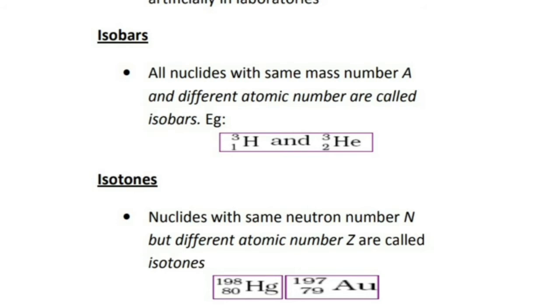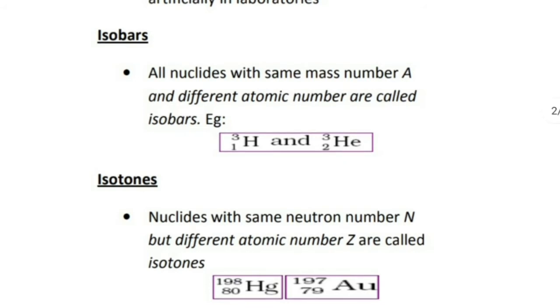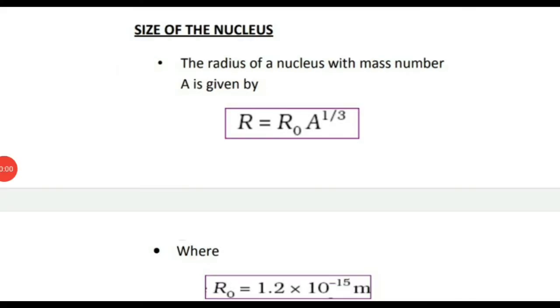Example, we have 80Hg, Hg stands for mercury, 198, and 79Au, 197. When you subtract 198 minus 80 and 197 minus 79, you will get the same number of neutrons. So the elements with the same number of neutrons, we call them isotones.